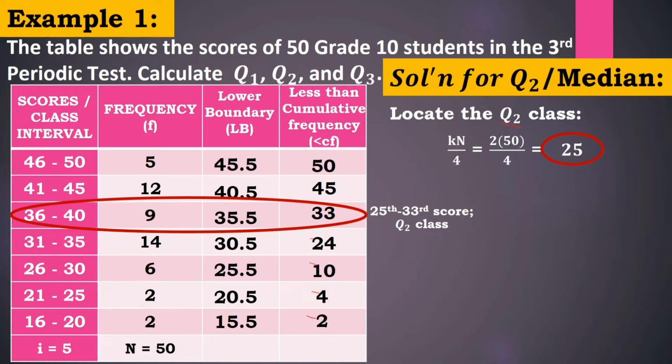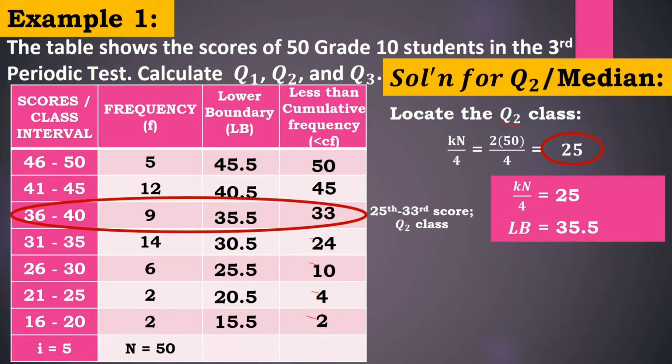Then, let's identify the values needed for the formula. Kn over 4 is 25. Lower boundary is 35.5. CF sub B, or the less than cumulative frequency before Q sub 2 class, is 24.